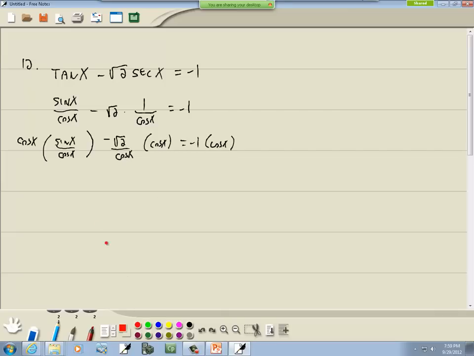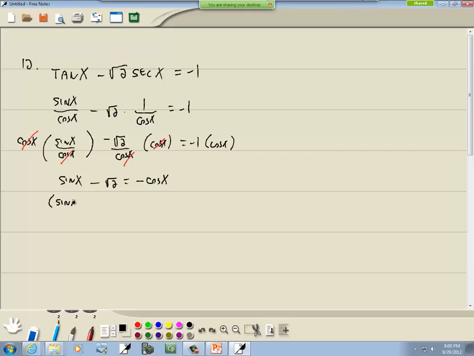Those cosines cancel, and we're left with sine x minus square root of 2 is equal to negative cosine x. Now I can square both sides.